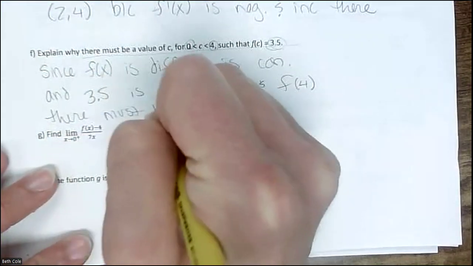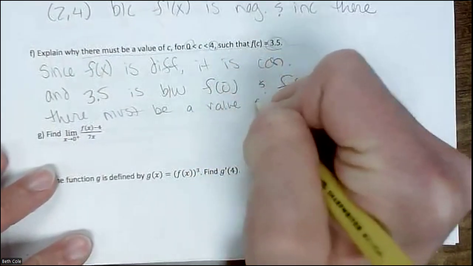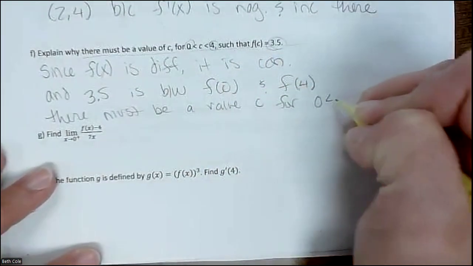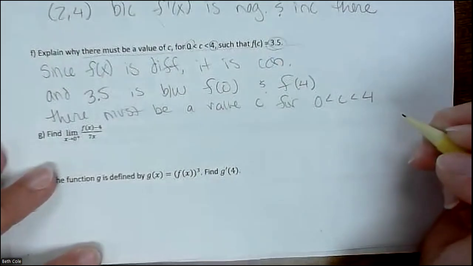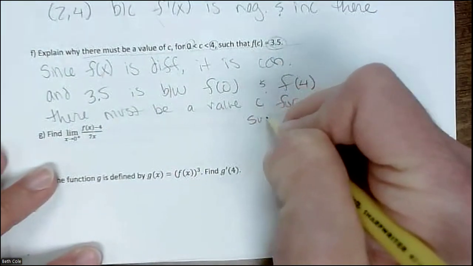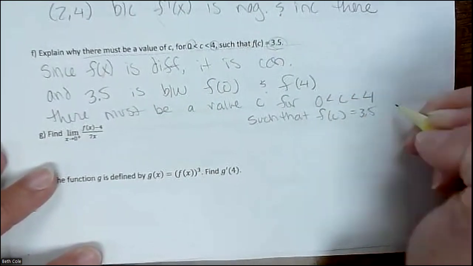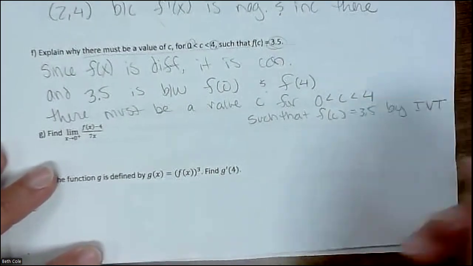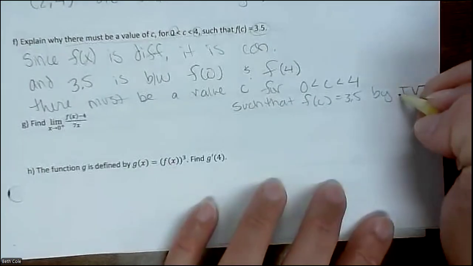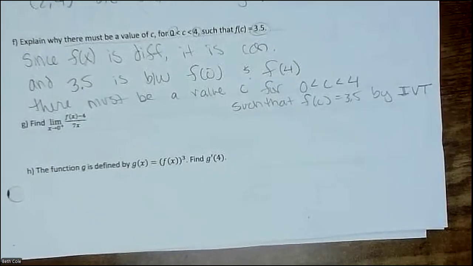There must be a value c in 0 to 4 such that, which makes you sound really smart, f of c equals 3.5 by IVT. So differentiable, continuous, between, restate the problem.